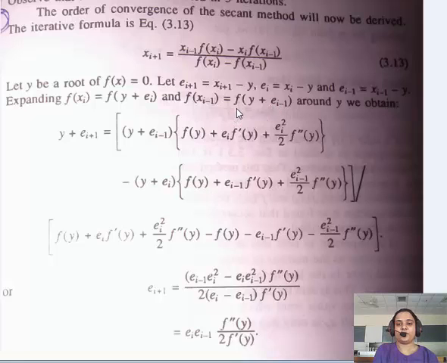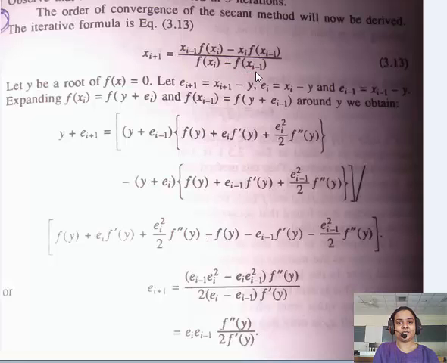So after expanding f(y + e_{i-1}), we got f(y + e_{i-1}) f'(y) + e_{i-1} squared upon 2 f''(y), whole divided by f(x_i), that is f(y + e_i), again expanding f(y + e_i) f'(y) + e_i squared by 2 f''(y), and minus of what? f(x_{i-1}).